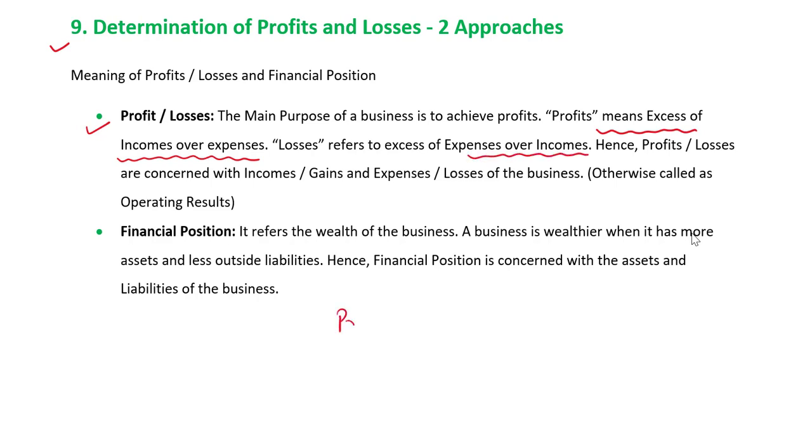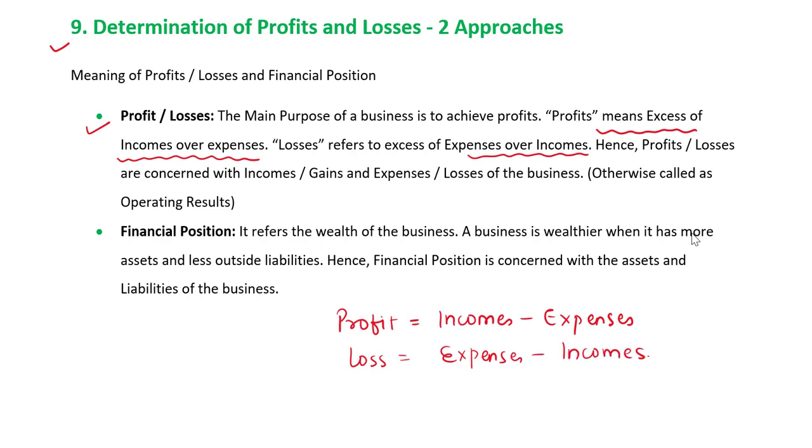Profit equals incomes minus expenses. And in case of loss, it is expenses minus incomes. Satisfied? The next is financial position. How can we find the financial position of a company? By making a balance sheet, which is also known as statement of financial position.